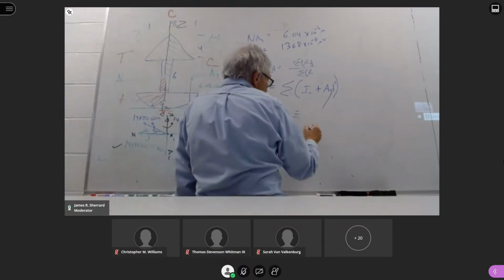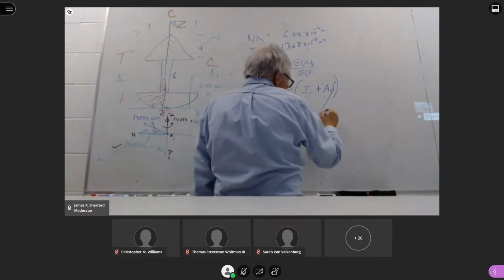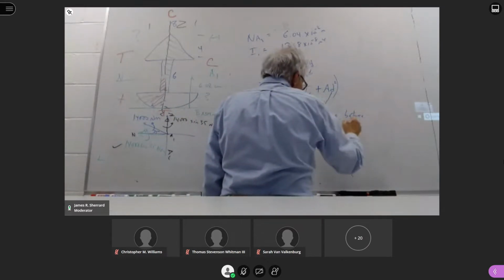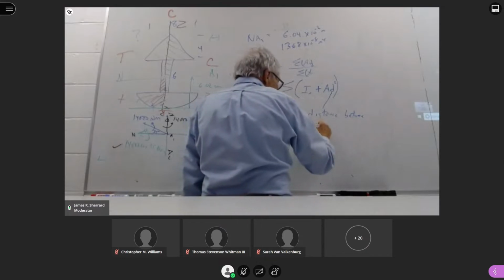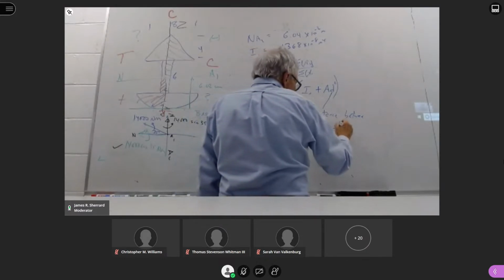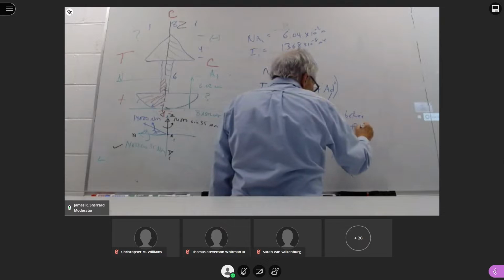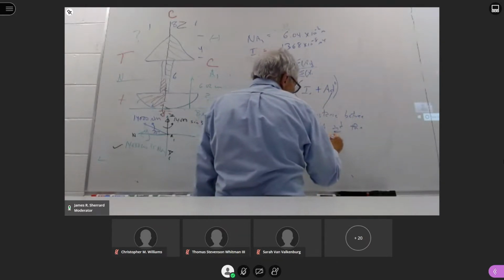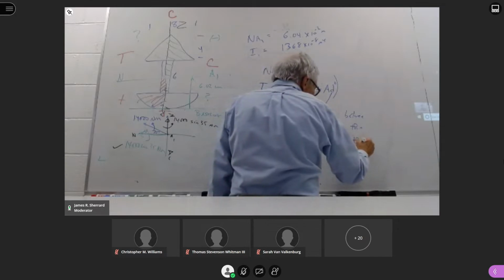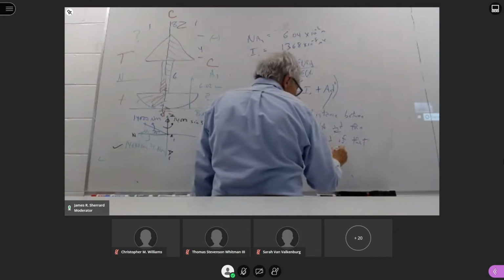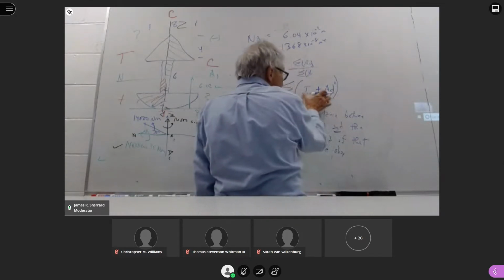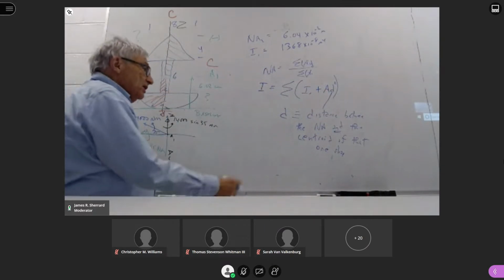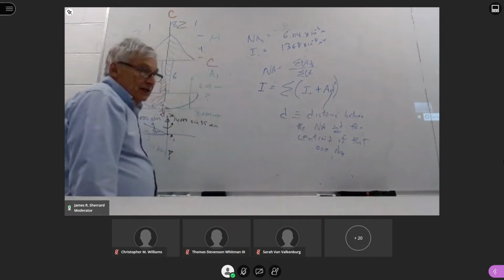D is defined as the distance between the neutral axis and the centroid of that one shape that you're doing this calculation on. And although I didn't write it in here, it is the straight line distance.